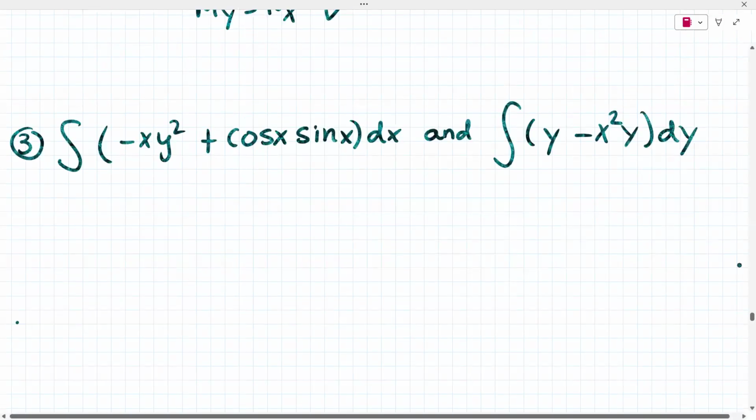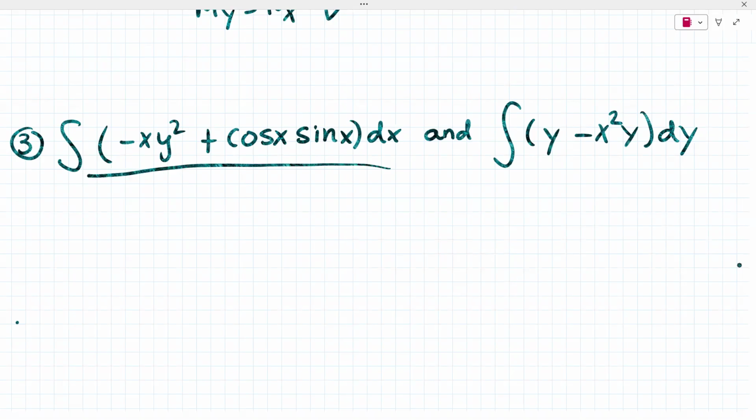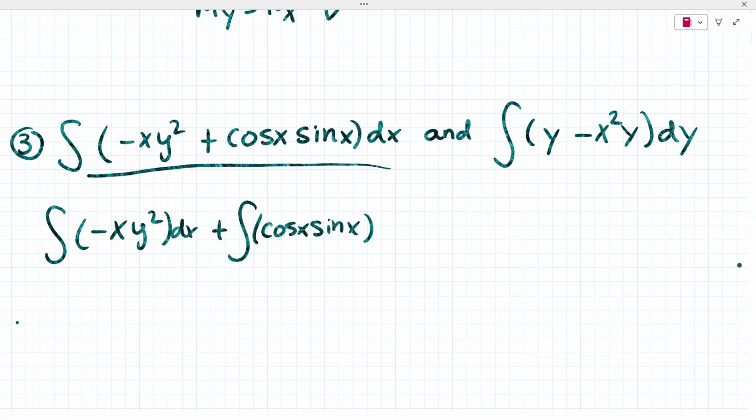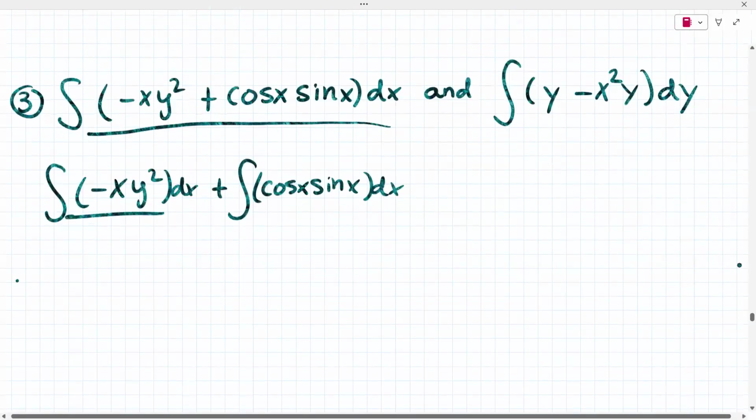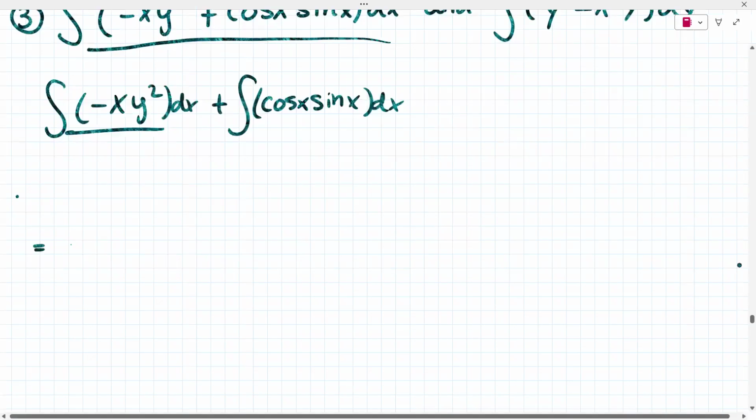What is the integration of this with respect to x? You could break it into two separate integrals if you like. So this would be the integral of negative xy squared dx, plus the integral of cosine x sine of x dx. So the integration of this with respect to x is negative 1/2 x squared y squared.